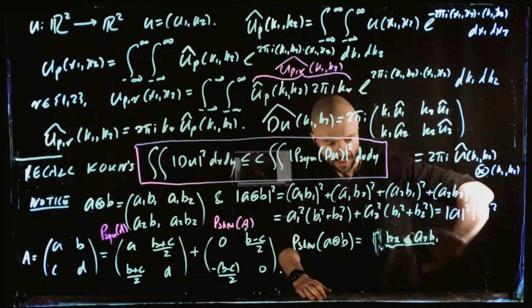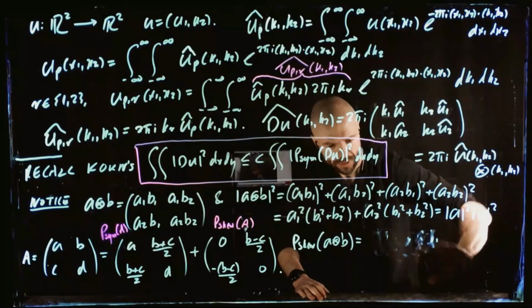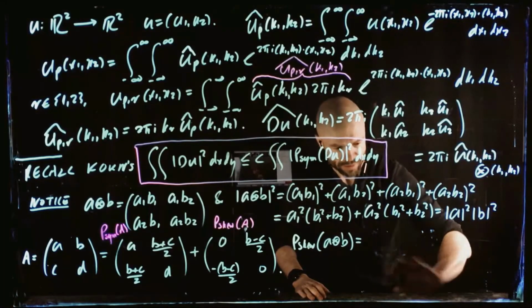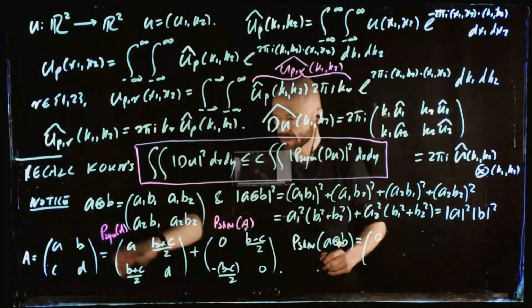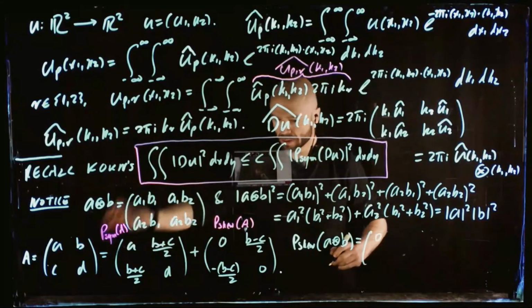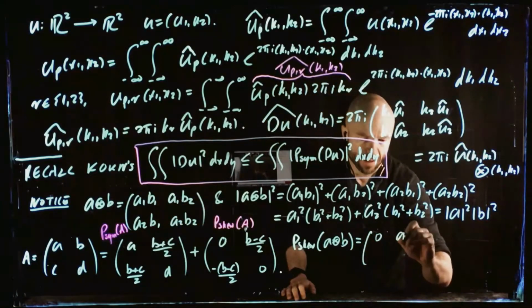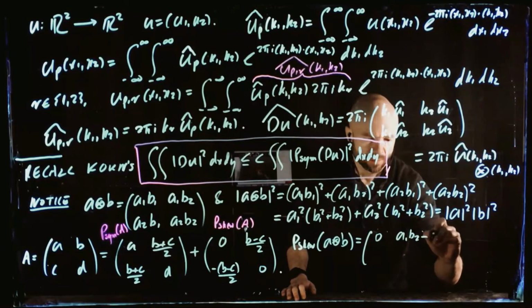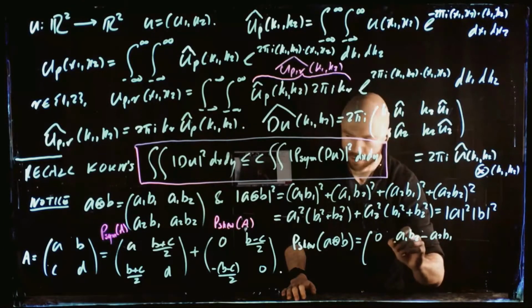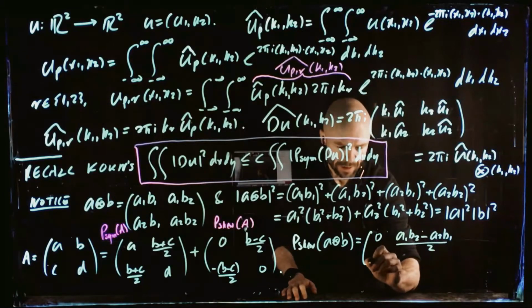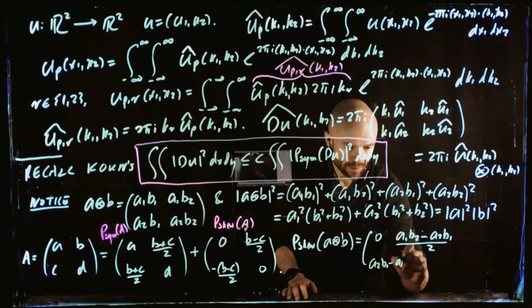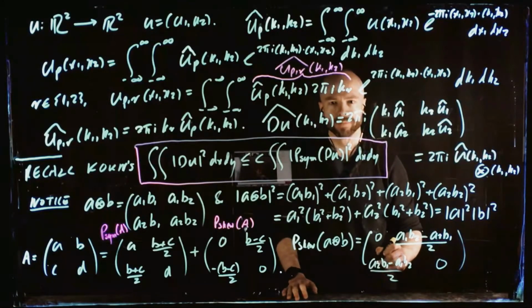Missing out the other entries of the matrix, let's do them. So it's 0, and then the B entry is A1 B2 minus A2 B1 over 2. This is the projection, and then it's minus this, so it's A2 B1 minus A1 B2 over 2, and the other entries are 0.